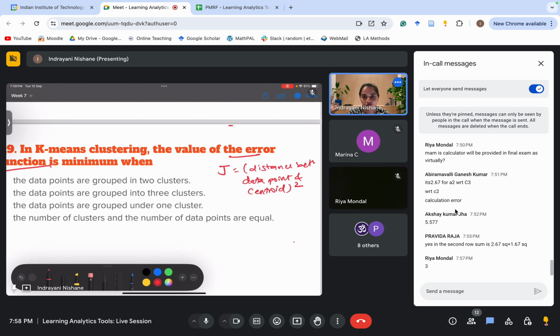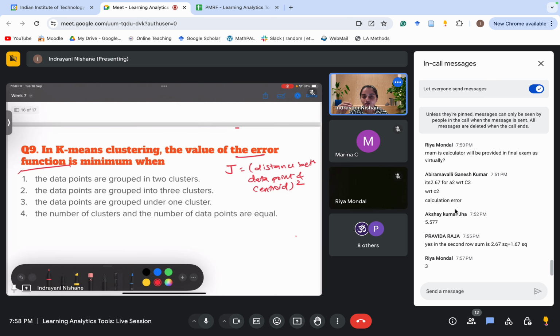We have to square it to get the error function. So now we know this about the error function.